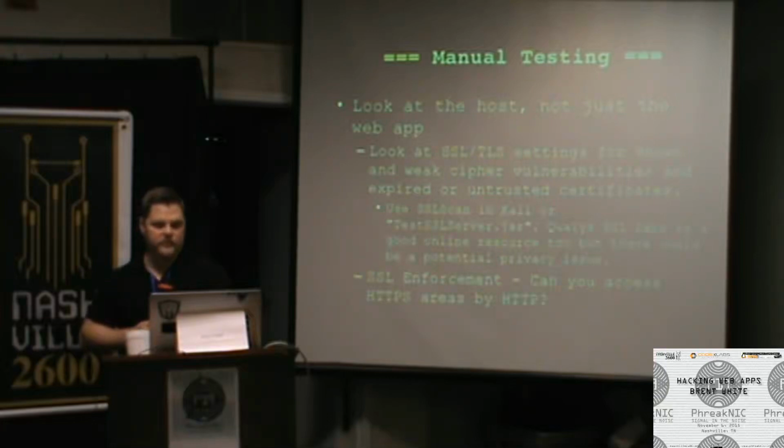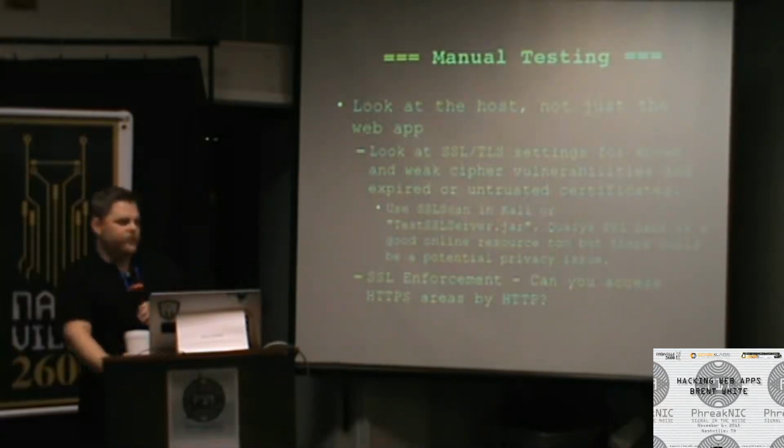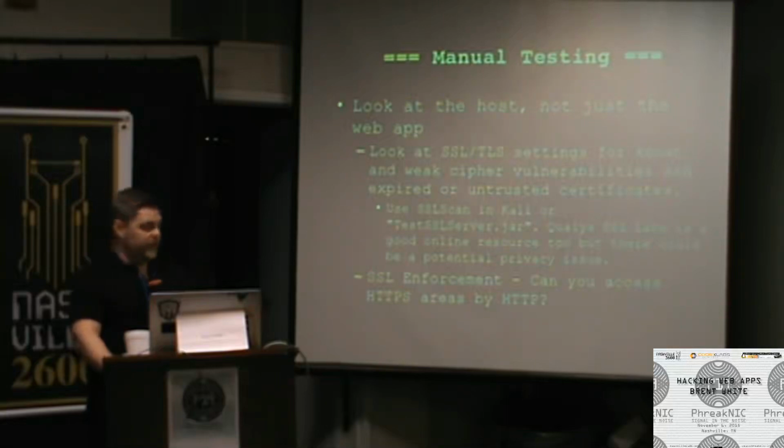SSL/TLS settings. As you may know, there are a lot of vulnerabilities with SSL, different versions, and then TLS versions, and weak ciphers. So there are several free tools that will actually go and quickly scan their SSL and TLS settings, so you can let them know, hey, you have old CBC ciphers, or a weak signing key, or whatever it is.